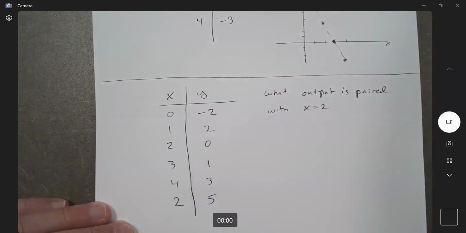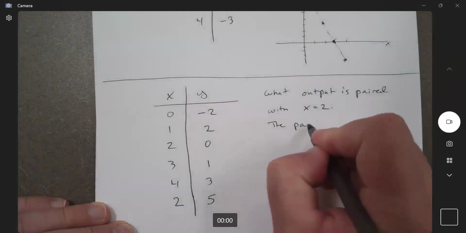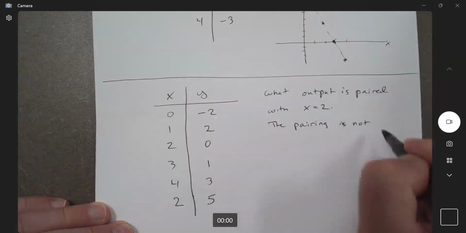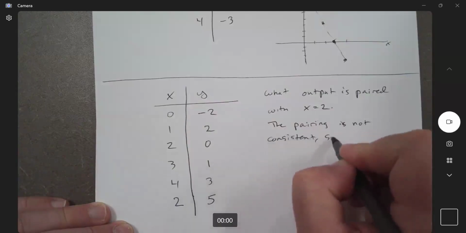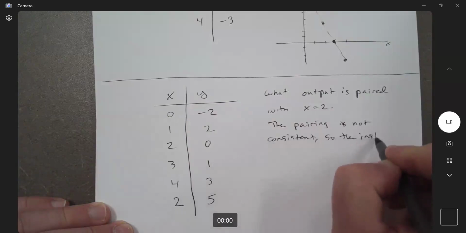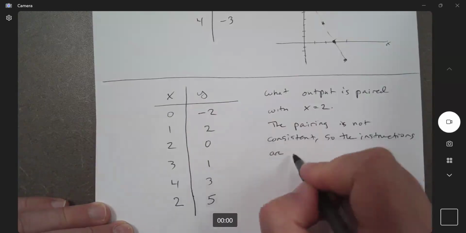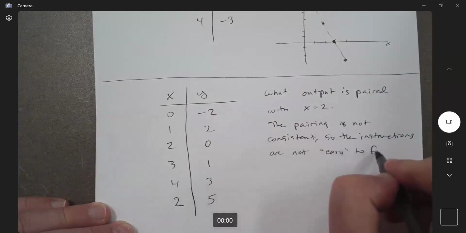Well, what output is paired with x equal 2? Sometimes it's 0 and sometimes it's 5. But the pairing is not consistent. So these instructions are not, quote unquote, easy to follow.